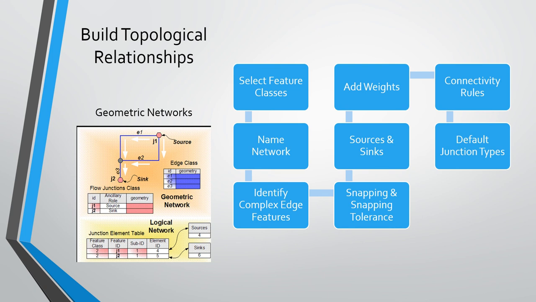And I think the main idea is to have flow. You want to select a feature class and name it and identify complex edge features. Then you want to give it some snapping tolerances. Identify the sources and sinks. Add weights if necessary. Then apply your connectivity rules and create default junction types where needed.